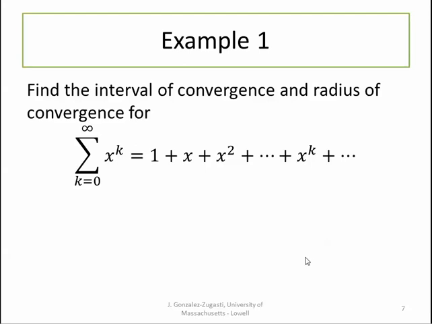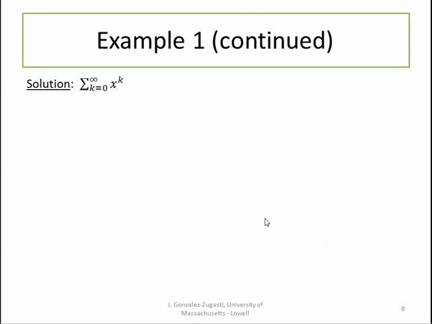Alright, so let's do an example. Let's find the interval of convergence and radius of convergence for the series x to the k. Well, this series is a geometric series with a equal to 1 and r equal to x.